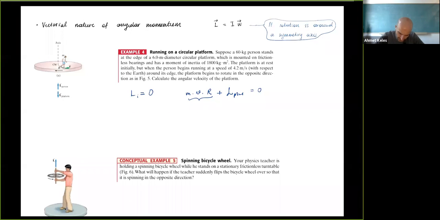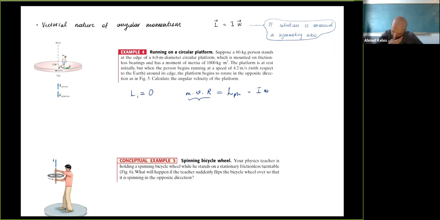And maybe I can just calculate the magnitudes first and then say the directions. It's going to be something like this. L is equal to I omega, and the platform is a disk, so its moment of inertia is given.